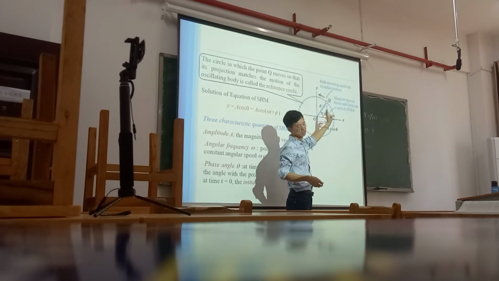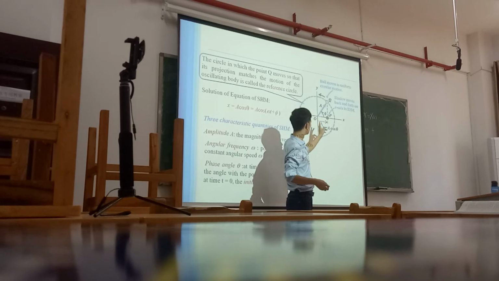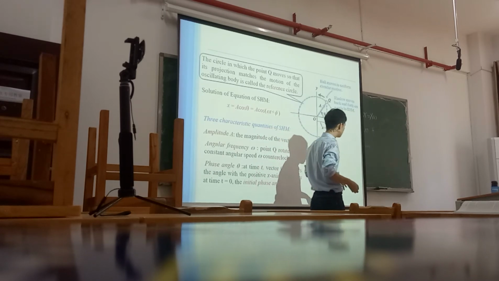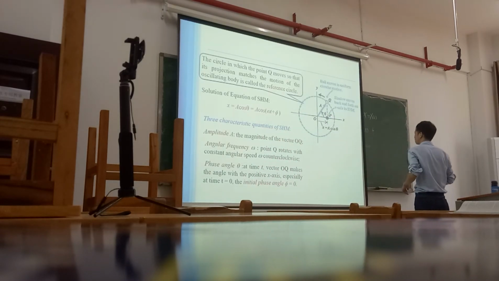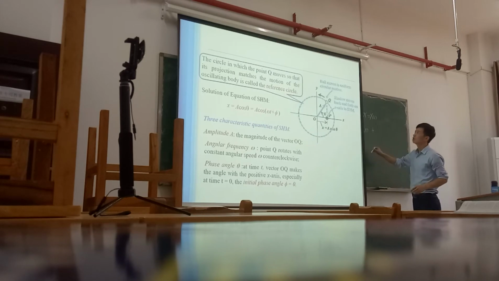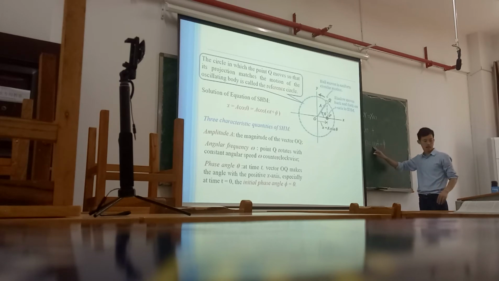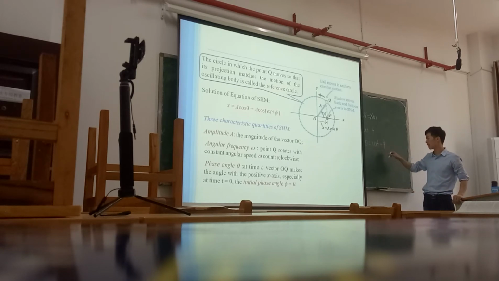So theta is a function of time. In uniform circular motion, theta is equal to omega t plus phi. The omega is the angular speed, and t is the time.